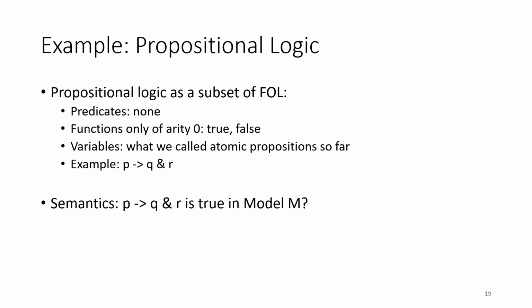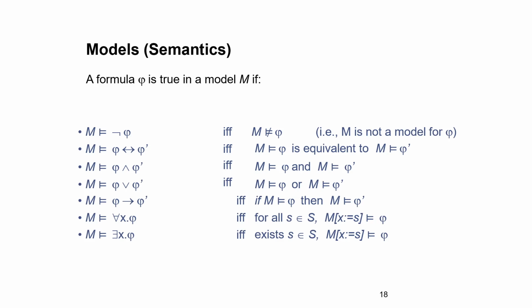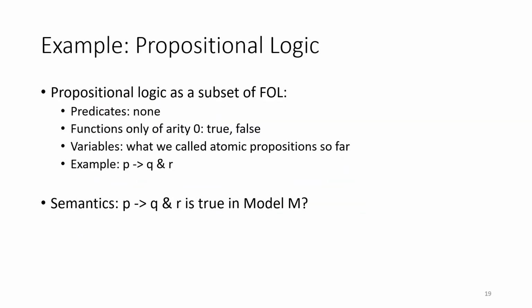We don't really have functions except for constants. And then we just have these operators. The quantification we don't even need. So we can build everything that we had in propositional logic in first order logic, right? And lots of the stuff that first order logic has on top, we don't need.